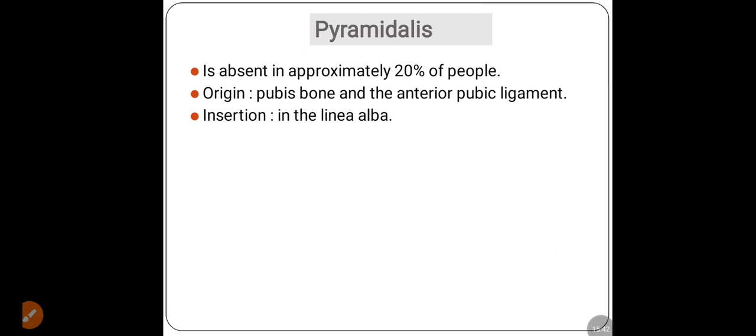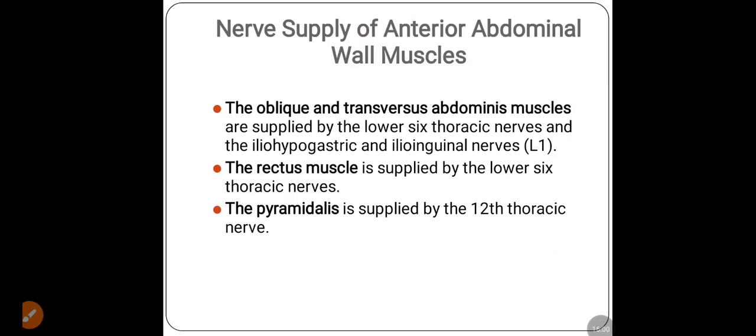Another muscle, the pyramidalis, is absent in 20% of subjects. This small muscle originates from the pubic bone and is inserted into linea alba. Linea alba is a fibrous band extending from the symphysis pubis to the xiphoid process.